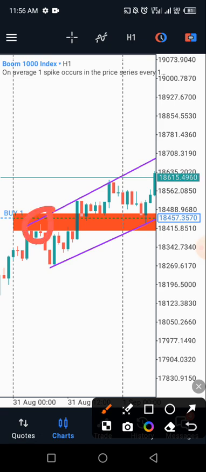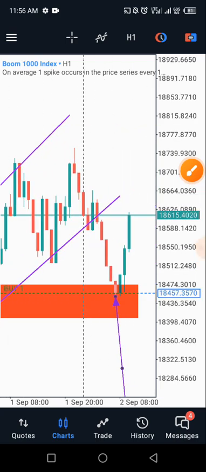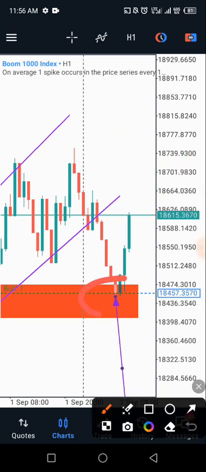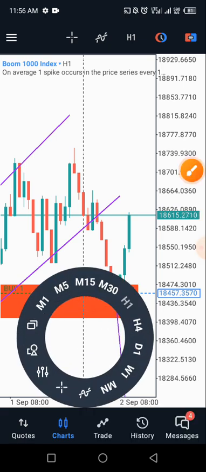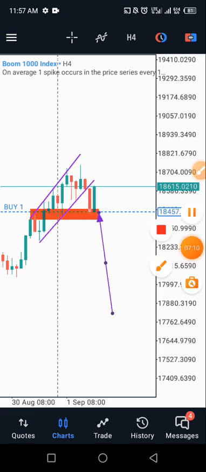If price comes back, definitely price is going to turn from here. Price cannot break this zone because we are in an uptrend. Price is not showing any formation of reversing, because this is a strong uptrend. So that is why we are able to catch this sniper entry here.